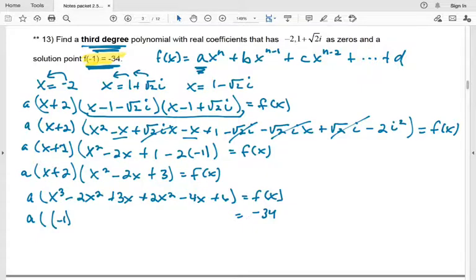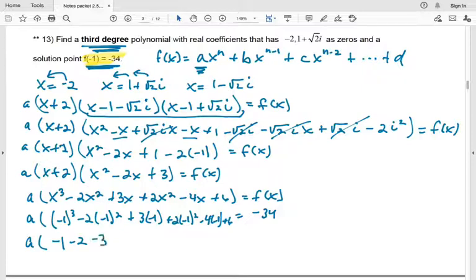So we've got a negative 1 cubed minus 2 times negative 1 squared plus 3 times negative 1 plus 2 times negative 1 squared minus 4 times negative 1 plus 6. So that's a negative 1. A negative 1 when you square it's a positive 1 times that negative 2, and then minus 3 plus 2. Plus 4 plus 6 equals negative 34.